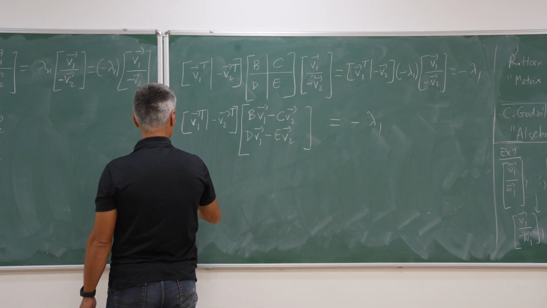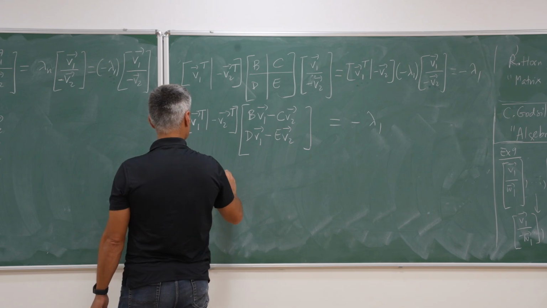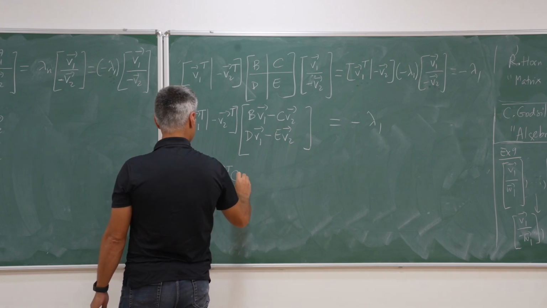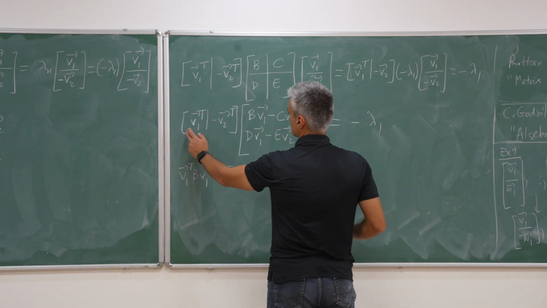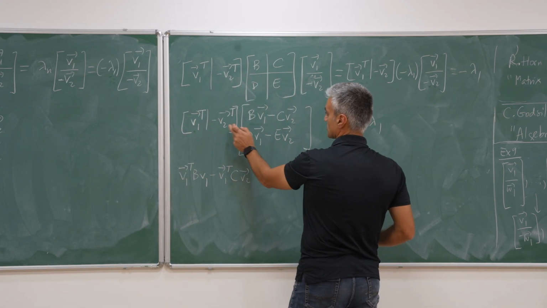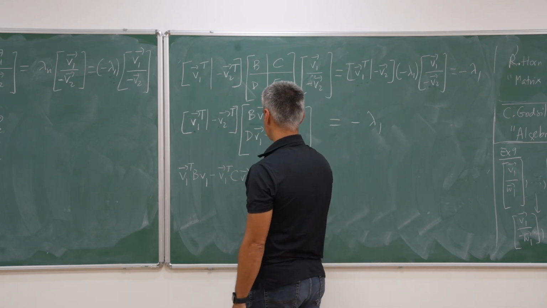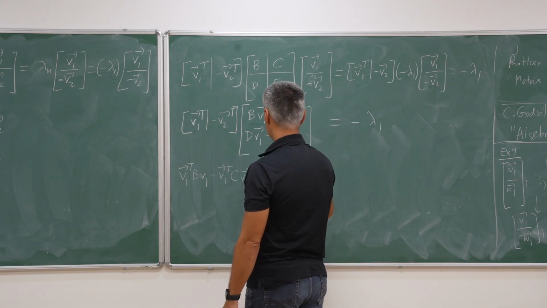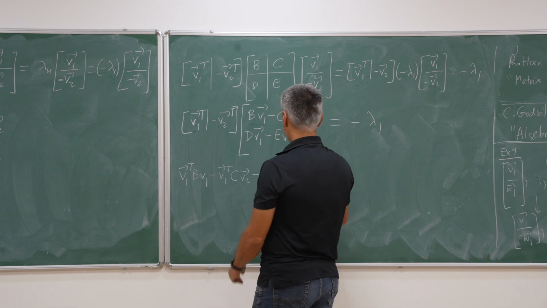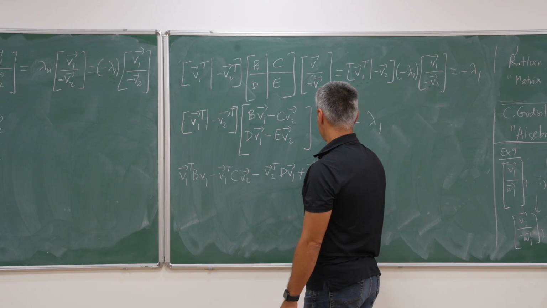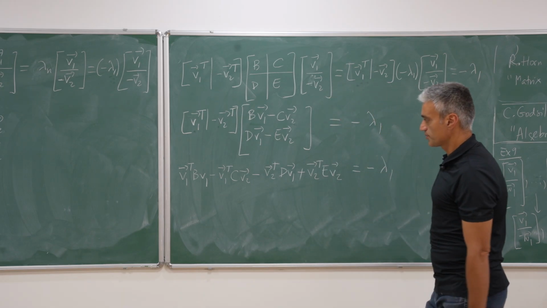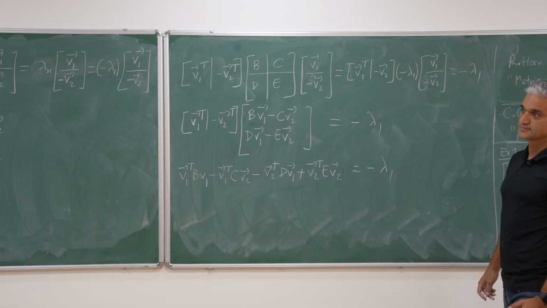So it will be v1 transpose B v1 minus v1 transpose C v2. So I take this, I multiply here, and now I have to take this minus v2 transpose D v1 plus v2 transpose E v2 minus lambda 1. I hope I didn't make any mistakes.